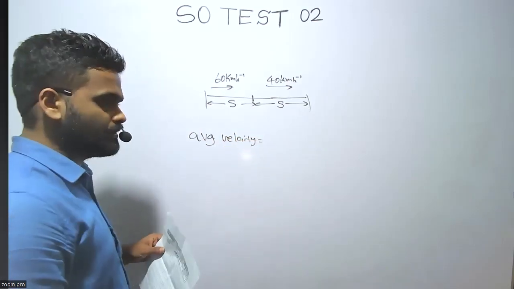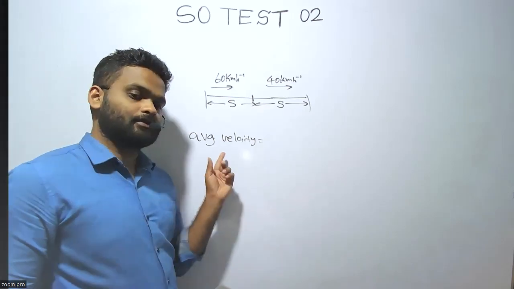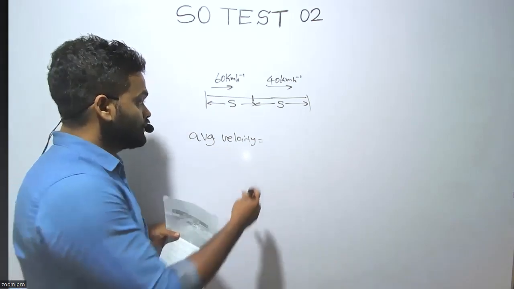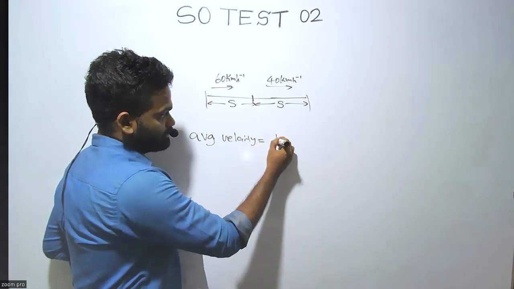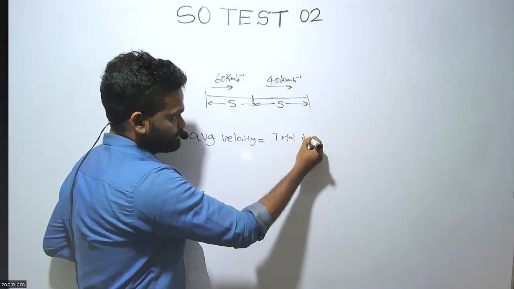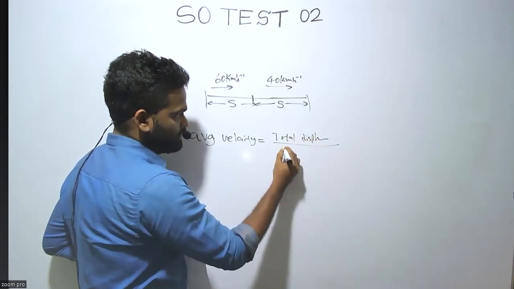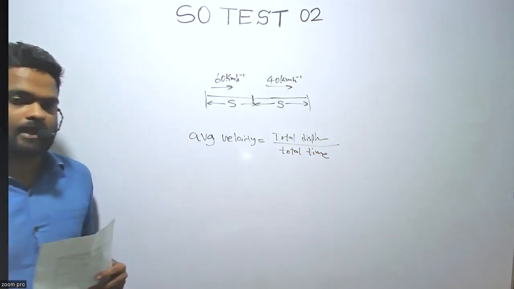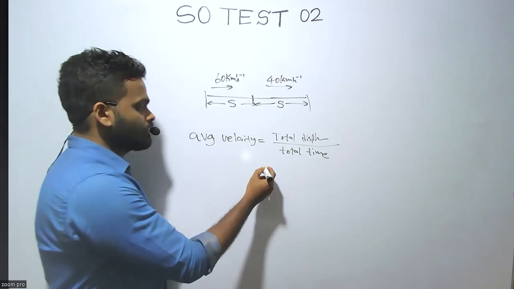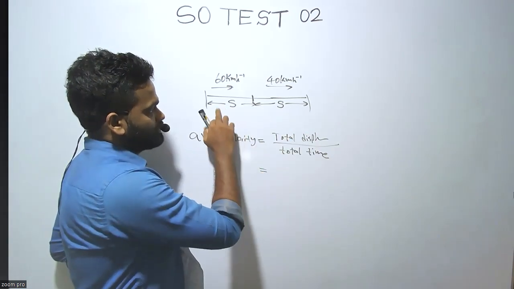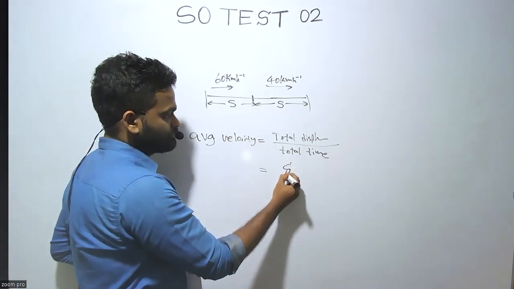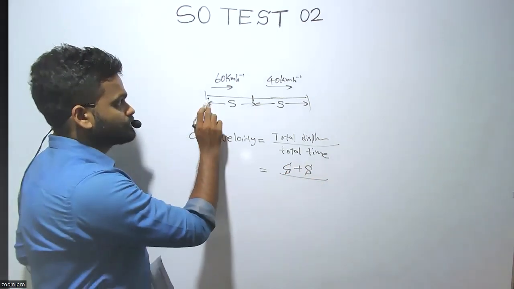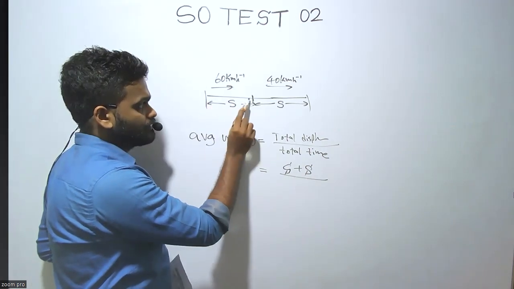You remember that, right? You might forget this because we are not using it that much. Average velocity is total displacement divided by total time. So total displacement is S plus S. For total time, within each range it is a constant velocity.